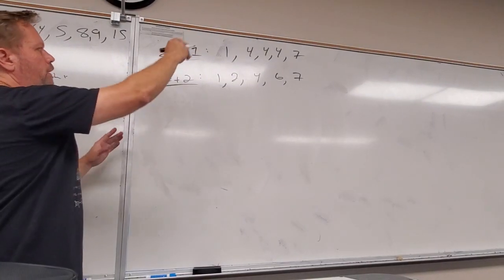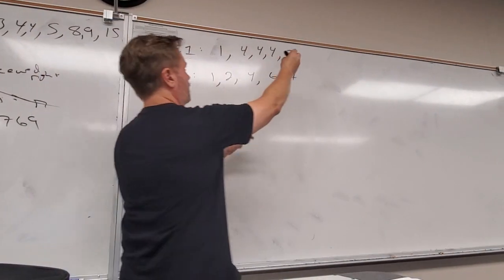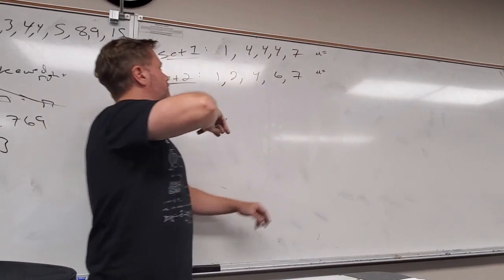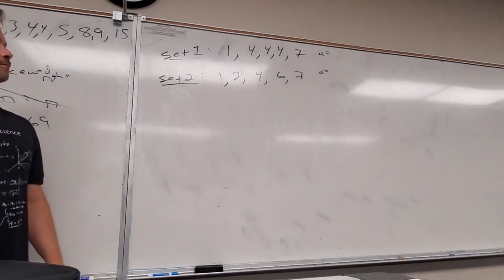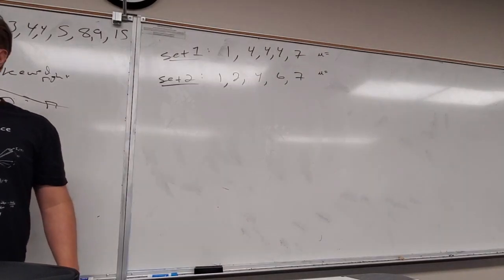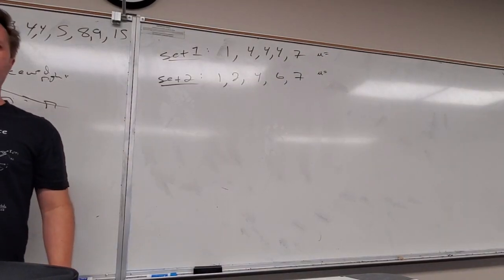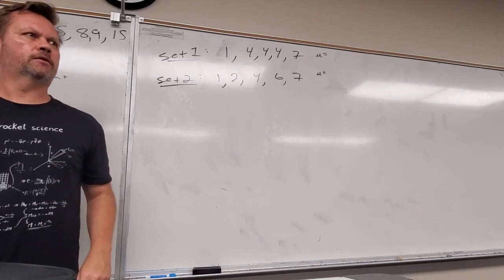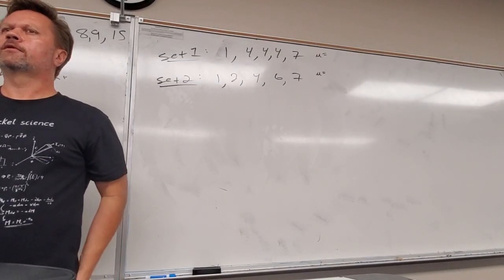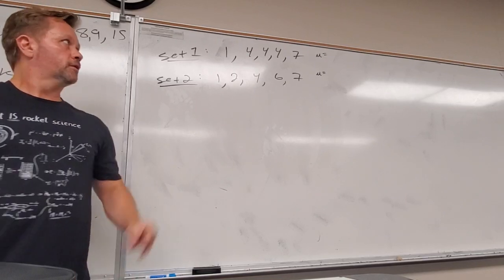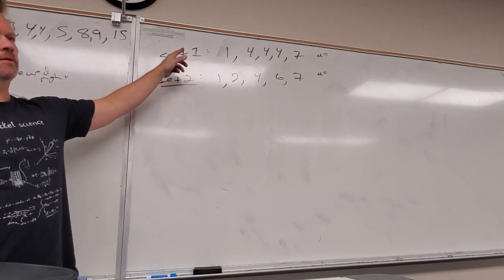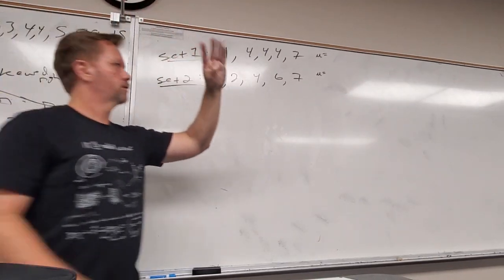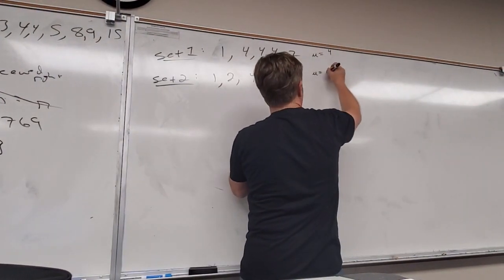What's the mean for both of these sets of data? What's the average for both of those? So they both add up to be 20, and there's 5 data points, so 20 divided by 5, 4. So the mean for both of these is 4.